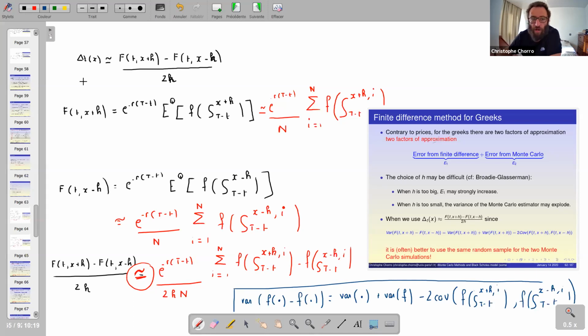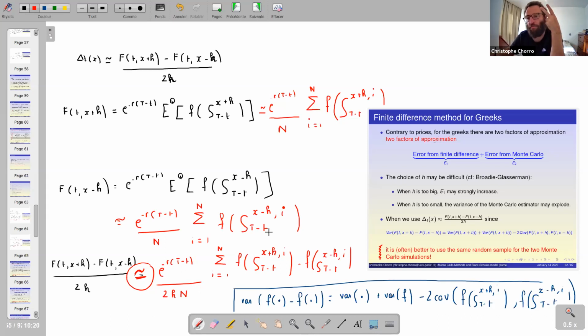So that's why, and it's what I have written here, it is often better to use the same random sample for the two Monte Carlo simulations. Here and here, you have to approximate using Monte Carlo methods two quantities related to the trajectory of my risky asset at time T minus t.